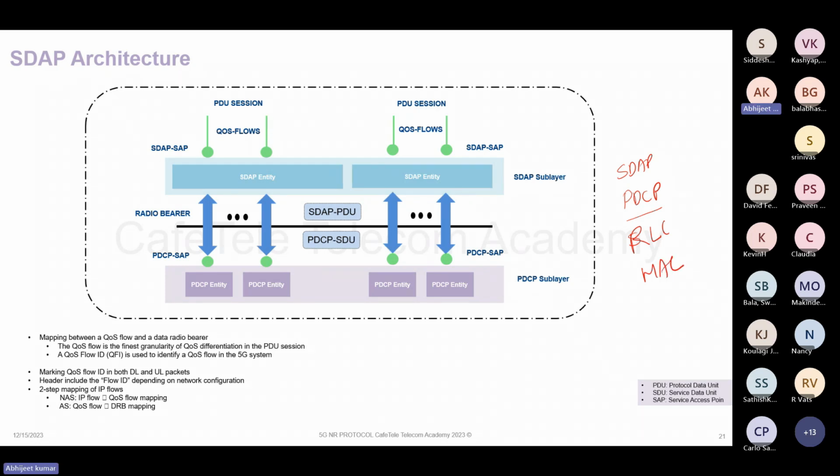This SDAP protocol is specially designed to support QoS flow in the 5G network, which provides QoS handling and mapping between the QoS flow and the data radio bearer. So if you see that, this is the QoS flow that we have to map to this data radio bearer, DRB.